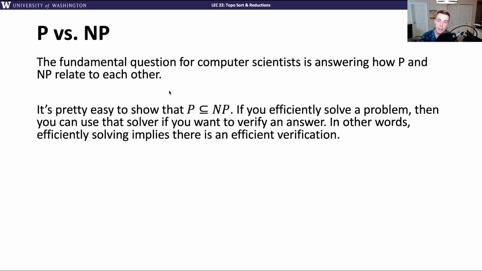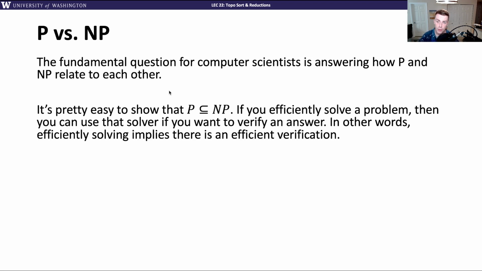It's actually pretty easy to show that P is a subset of NP, meaning any problem that's in P is definitely also going to be in NP, non-deterministic polynomial. I can't formally prove that to you, but I can kind of argue it.